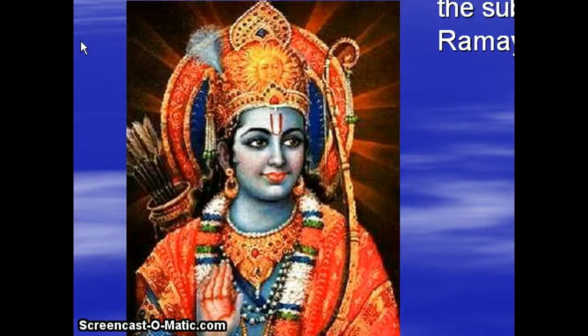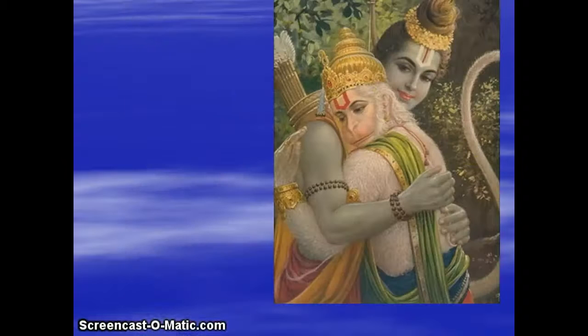Meanwhile, his wife Sita ends up getting kidnapped by a demon by the name of Ravana, and Rama joins forces with a group of monkeys to fight off the demons that are scourging the earth, and eventually is helped by one of the monkeys by the name of Hanuman.